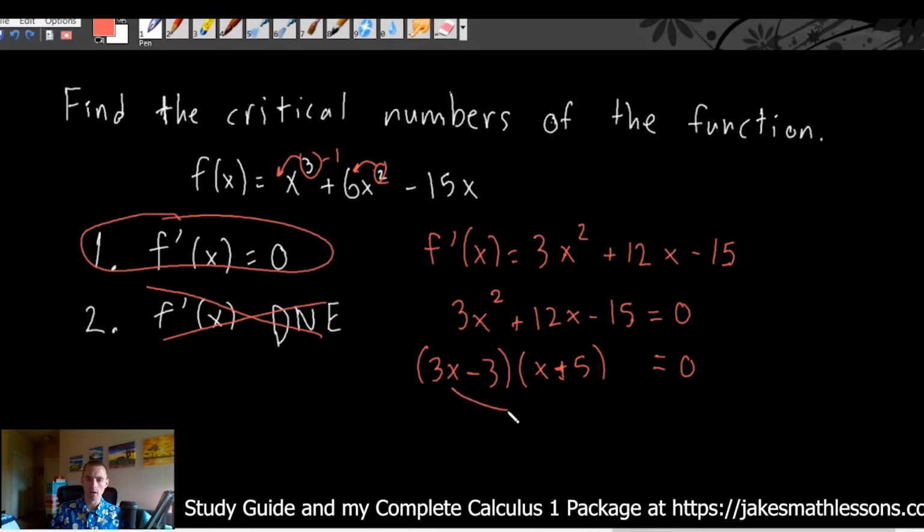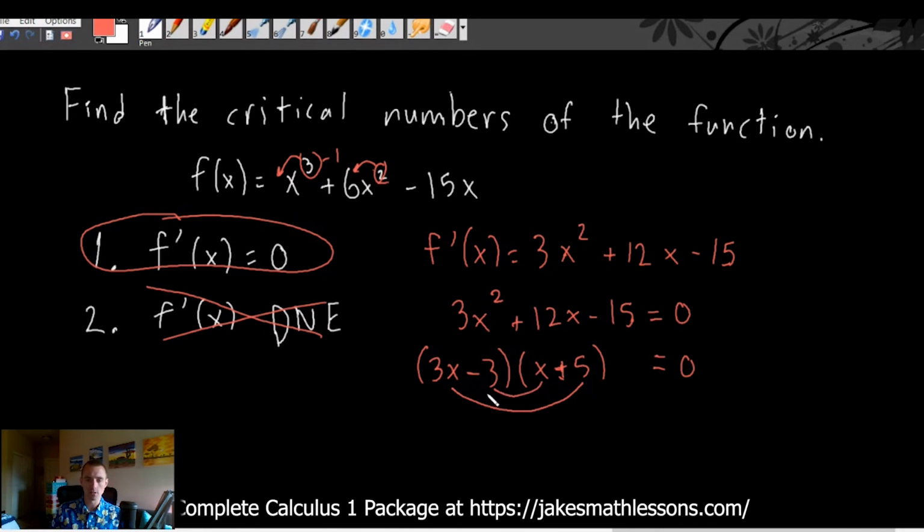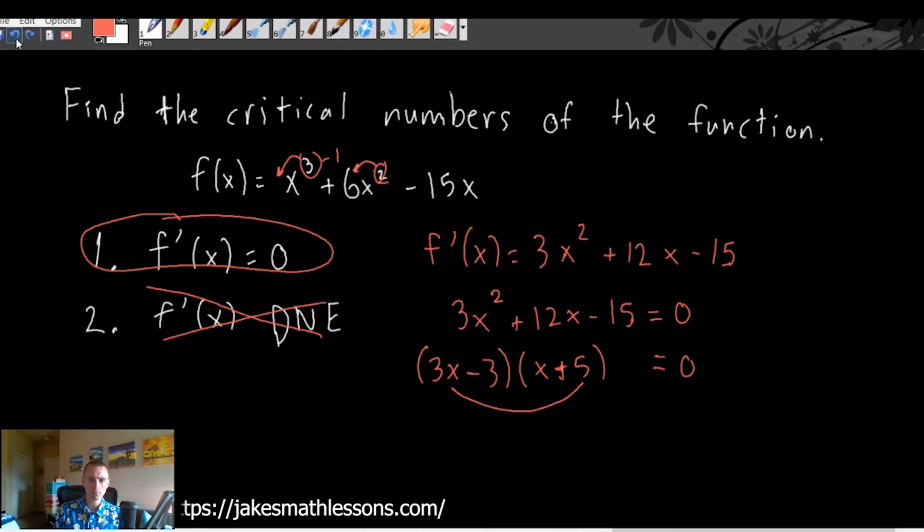And then 3x times 5 gives us plus 15x, minus 3 times x gives us minus 3x. So 15x minus 3x does give us 12x. And then finally, negative 3 times positive 5 gives us negative 15. So this factored out version is equivalent to this foiled out version.